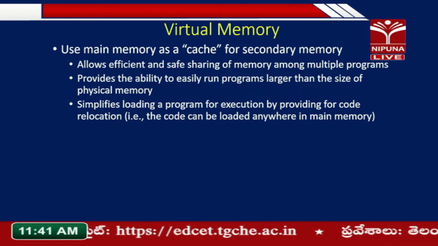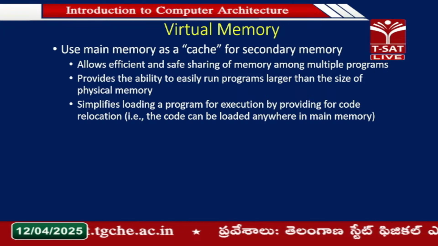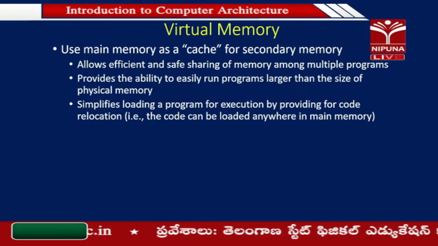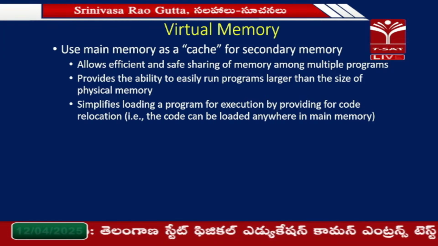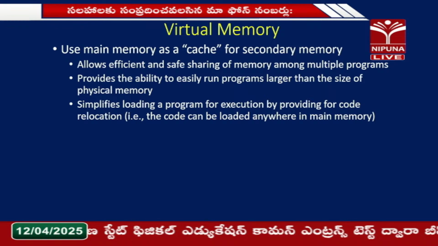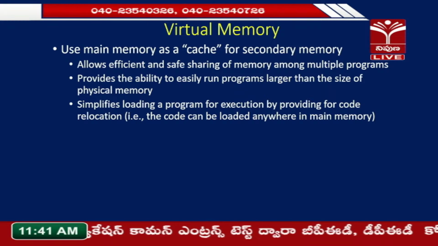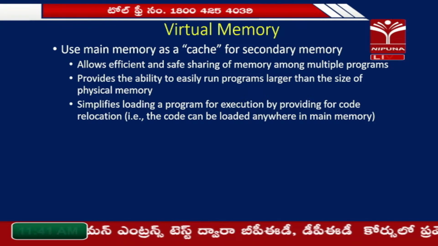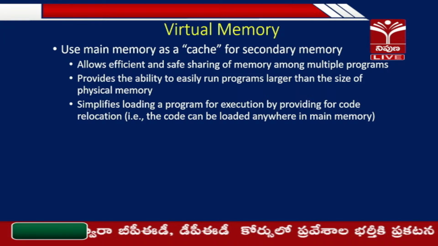So you have a DRAM in the computer, as well as the hard disk drive, which is a secondary memory. So think about it: the virtual memory concept is a cache between the secondary memory and the main memory. And again, this virtual memory is managed by the software, not by the hardware.